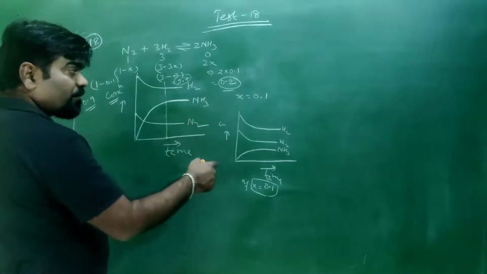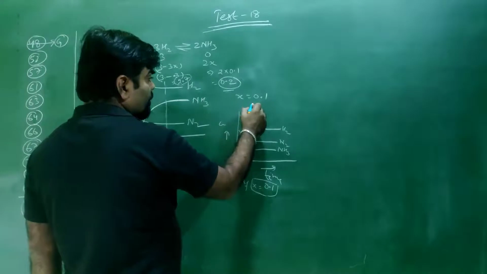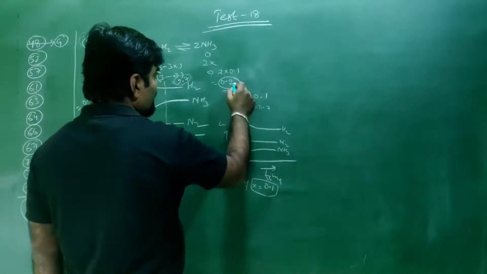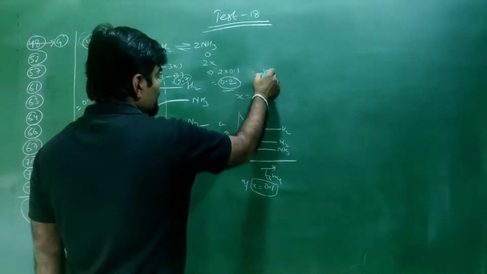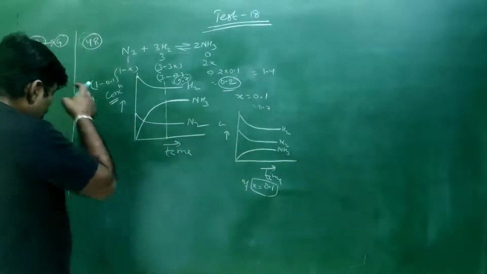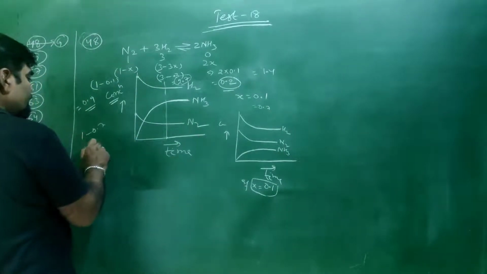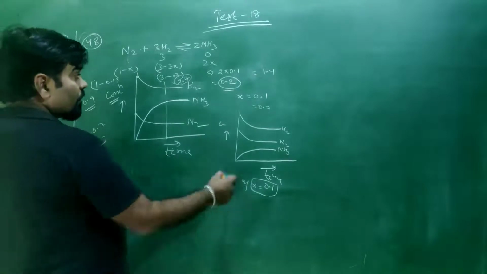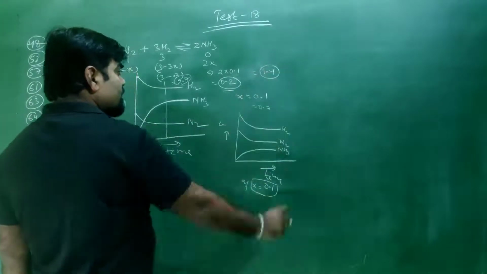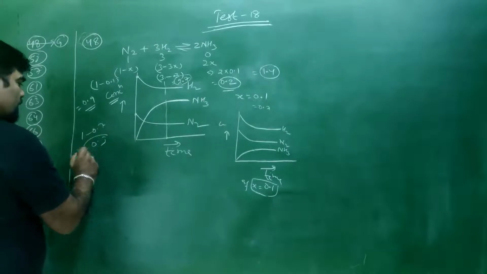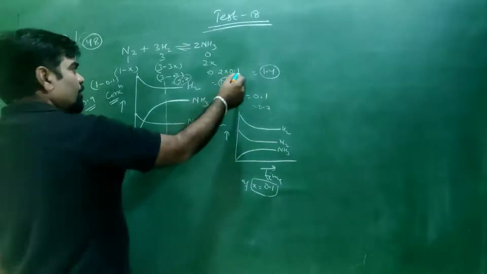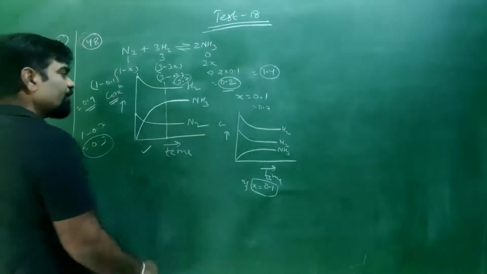If the x value becomes 0.7, suppose, then ammonia will be 2 into 0.7, which is 1.4. Then nitrogen will be 1 minus 0.7, which is 0.3. Now see, over here ammonia concentration is more at equilibrium and nitrogen concentration is less. For such conditions, this graph is valid.